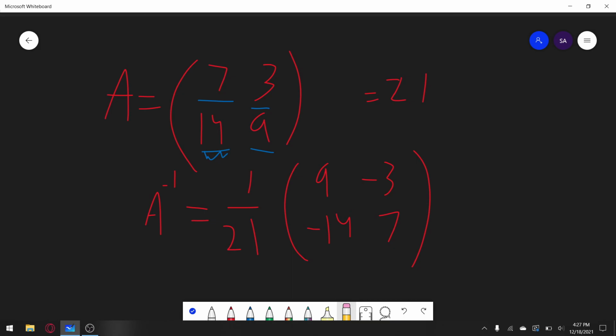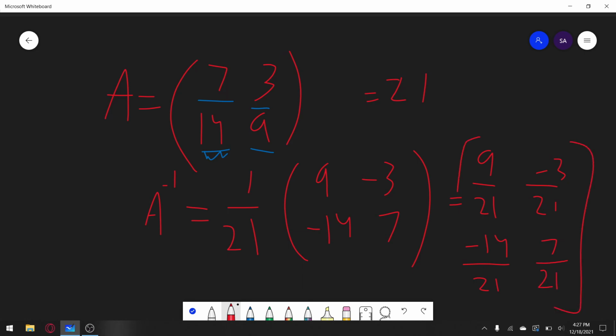So let's quickly solve this. You would simply multiply 1 upon 21 with 9, minus 3, minus 14, and 7. So 1 upon 21 into 9 would be 9 upon 21, minus 3 upon 21, minus 14 upon 21, and 7 upon 21.